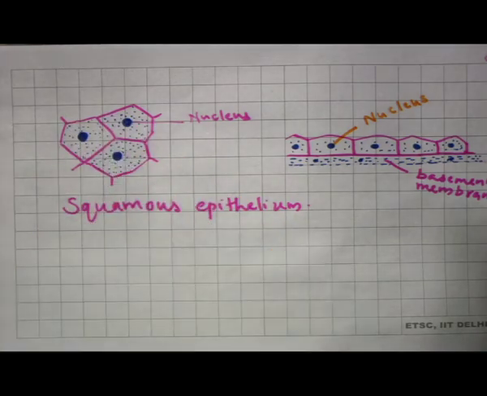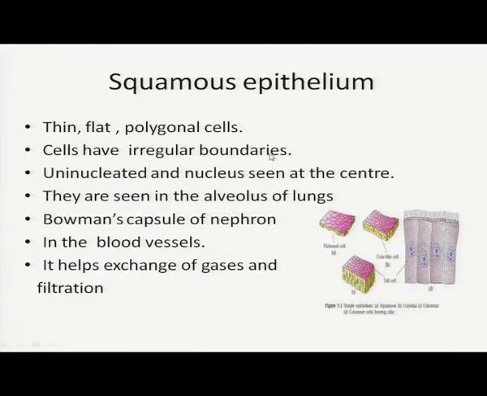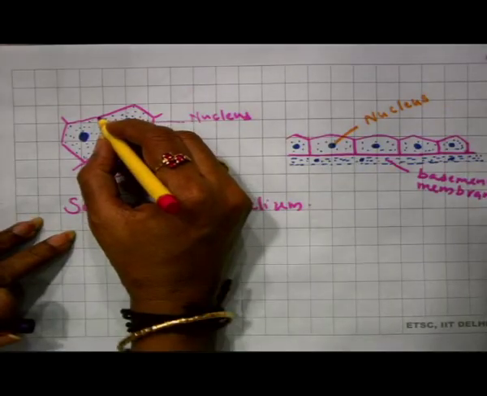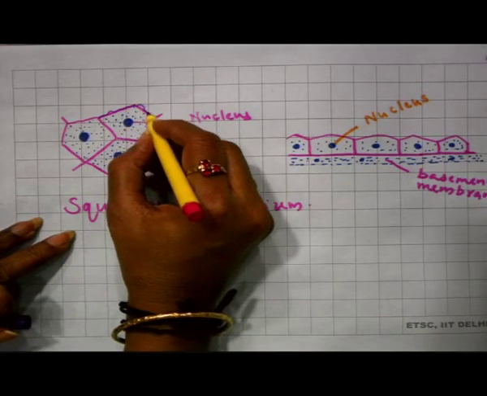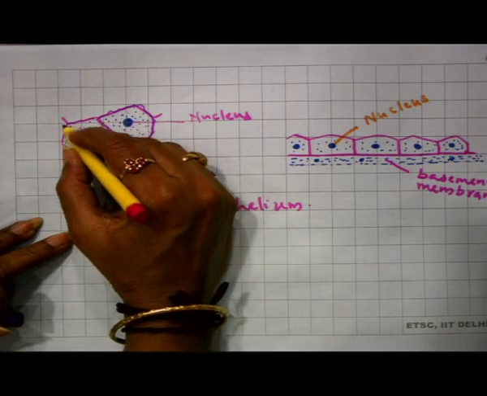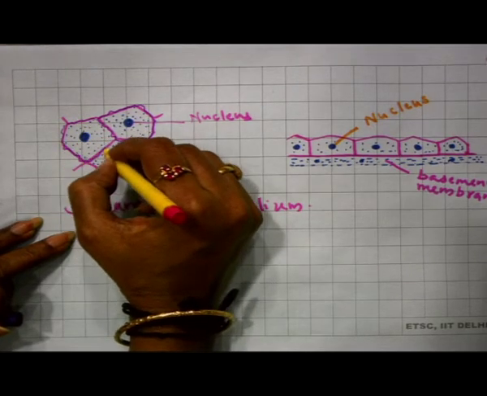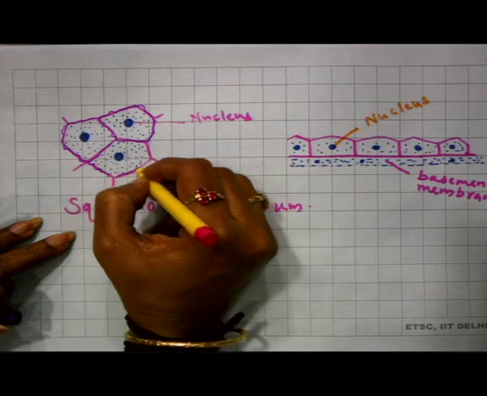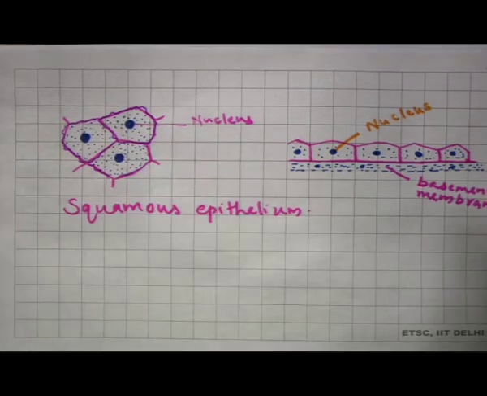Most of the time, the cells have irregular boundaries, like this.